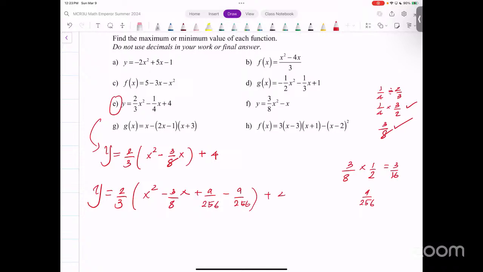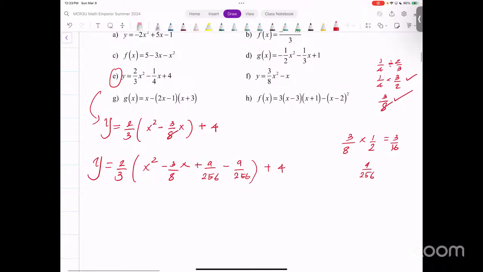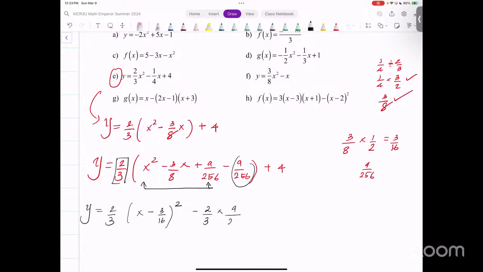And then we're going to have the 4 outside. So what do we do next? All these 3 terms are a perfect square. So 2/3 times x minus 3/16, the whole thing squared. Then I'm going to multiply the 2/3 by this. So minus 2/3 times 9/256 plus 4.